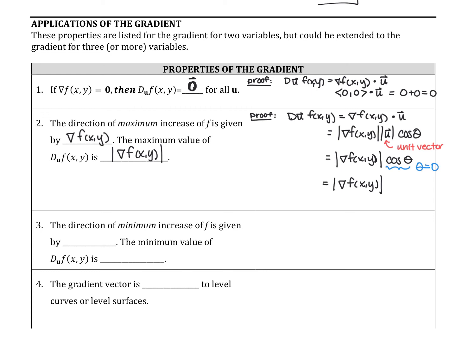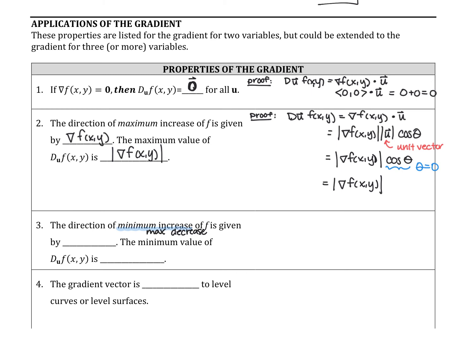Now, we're going to use this proof again, just looking at it a little bit differently. If the direction of maximum increase is given by the gradient of f, then the direction of minimum increase, or maybe another way of looking at that, maximum decrease, is where?